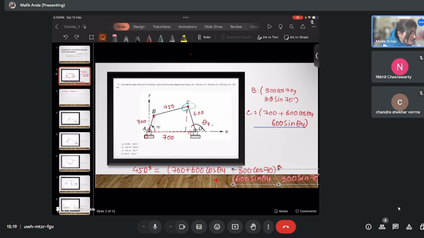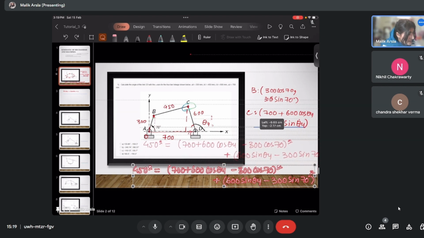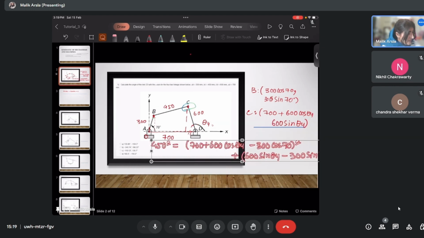Is it visible? Yes, ma'am. Okay, let me transfer it a little bit up so that it's clearly visible. I hope now it's visible, right?